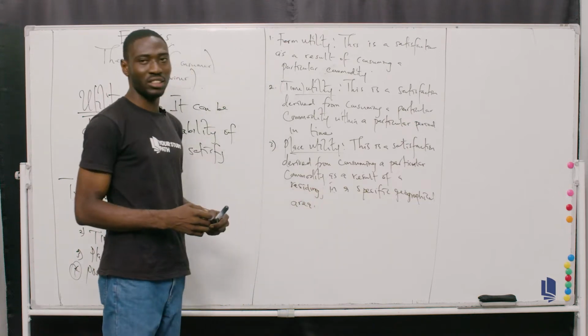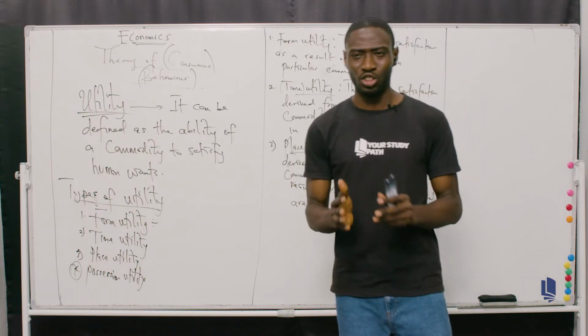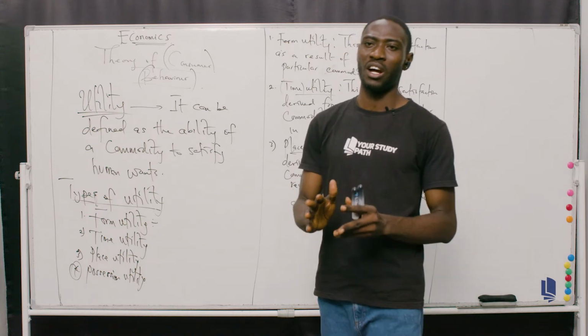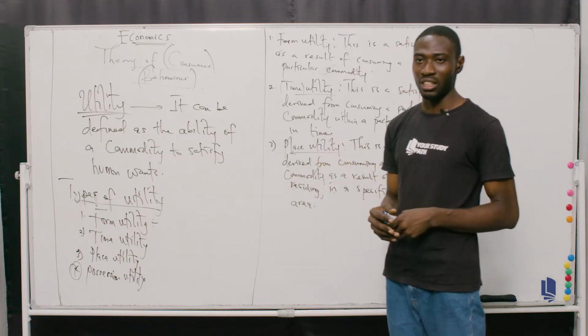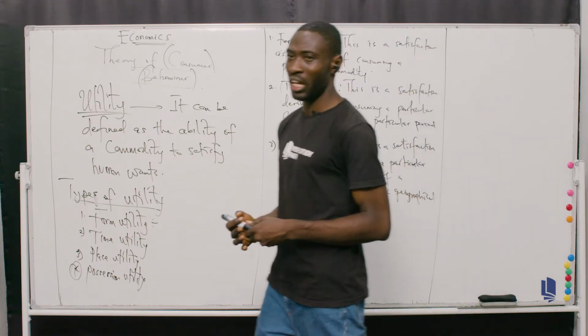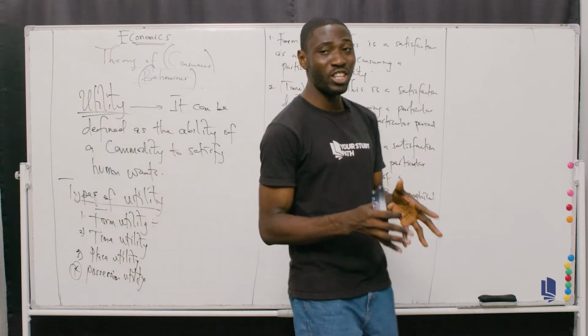Okay, so this is derived from consuming a particular commodity due to the fact that you are in a particular geographical area. So that is place utility. Most of the time you can derive satisfaction because of where you are.